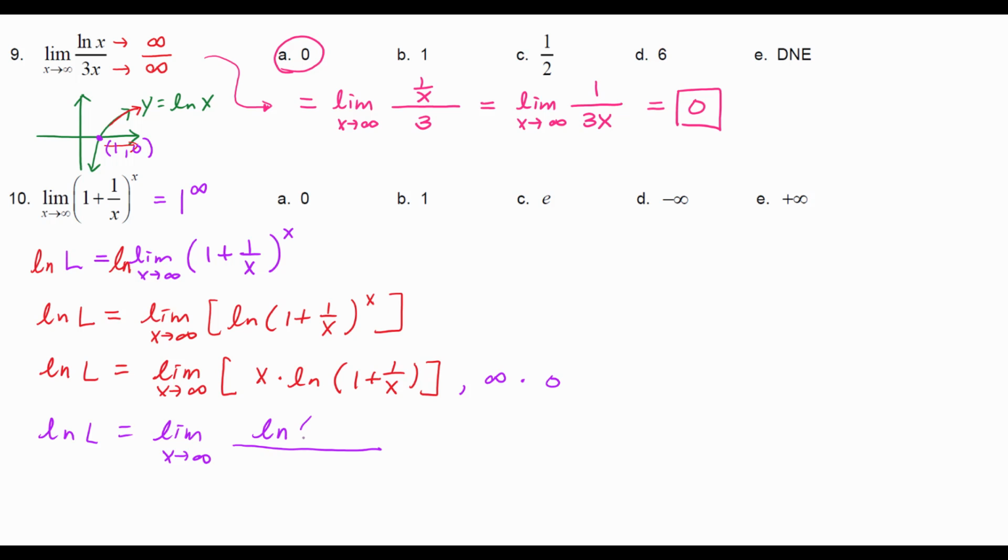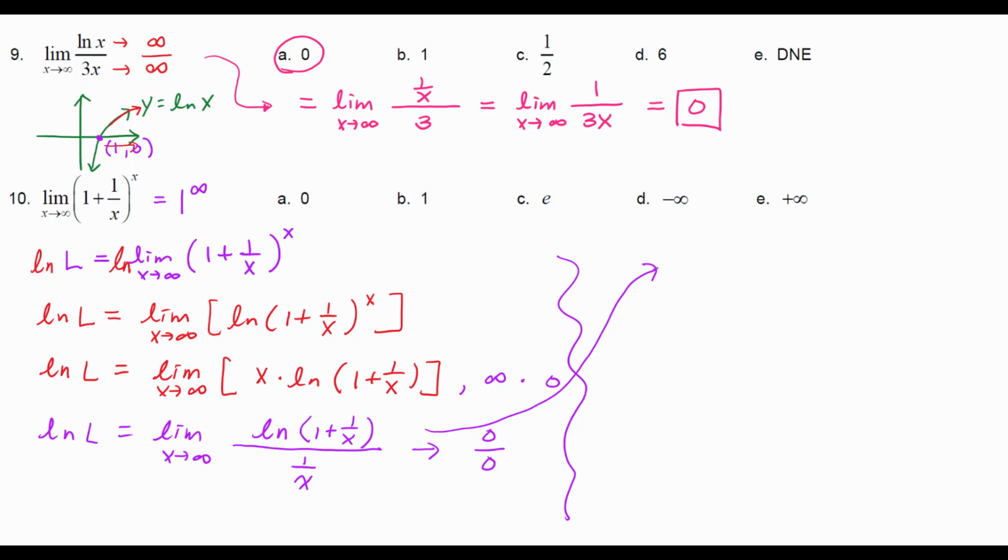We know already ln of (1 + 1/x) goes to 0 as x goes to infinity, but now we're going to put the other factor in the denominator, so it's rewritten as 1 over x. So now as x goes to infinity, 1 over x goes to 0, so now I have a 0 over 0, so you get to use L'Hopital's rule.